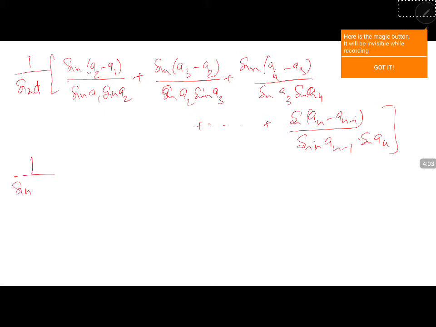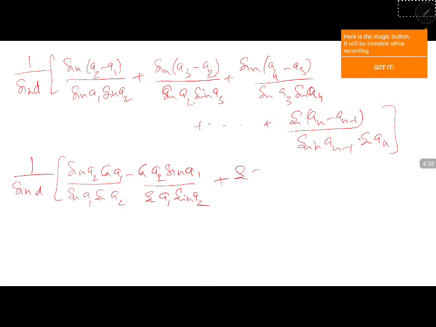1 by sin D multiplied by, applying the sin(A minus B) formula, sin A2 cos A1 minus cos A2 sin A1, divide each term with sin A1 sin A2, plus sin A3 cos A2 minus cos A3 sin A2, divided by sin A2 sin A3.